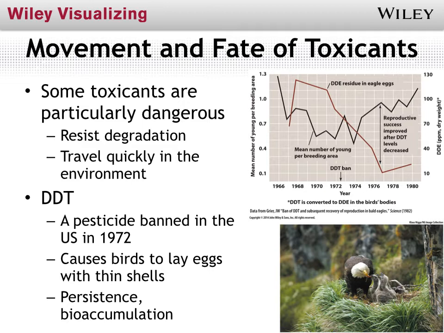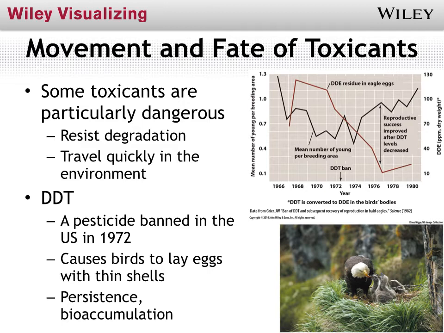So chemicals that don't break down in the water can be resistant to that degradation, which means they can persist for quite a while. And then the second thing is that some of these chemicals have the ability to move quickly through the environment. So they can spread rapidly from one place to another, giving them the opportunity to affect more people or more animals.